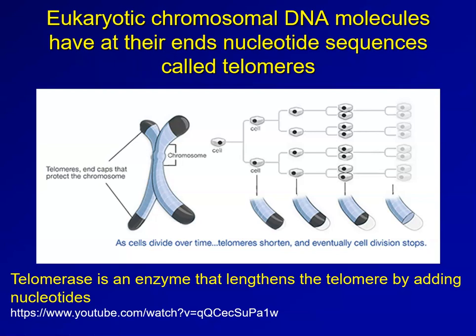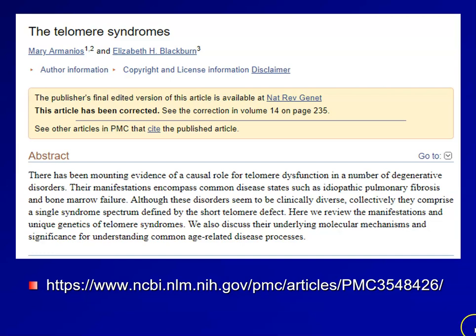So I wanted to learn a little bit more about telomerase and telomeres, and I did a little research and found this abstract of an article about telomere syndromes, certain degenerative diseases that are caused by the shortening of chromosomes because of the degradation of the telomeres. So if this is something that interests you, you might want to find this article. Here's the abstract.